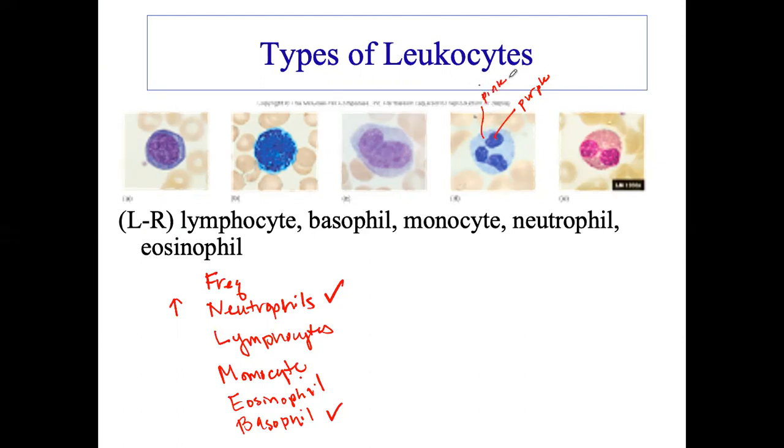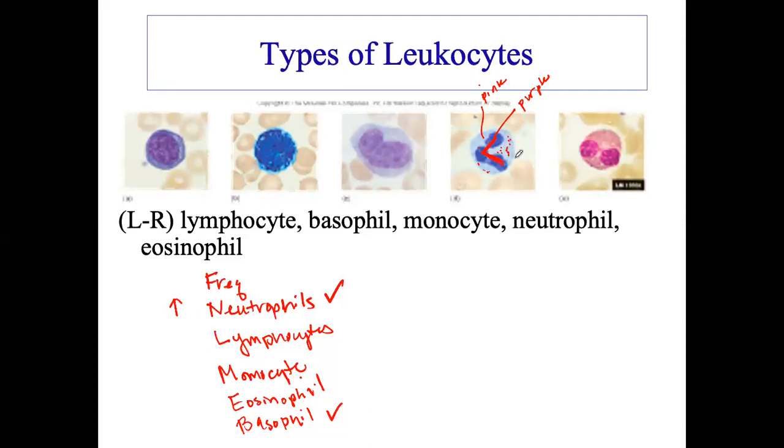Usually I don't condone memorizing colors, but with these guys, it's always going to be those colors because they go through a red stain and then a blue stain. And so each white blood cell picks up a different amount of stain. Okay, so this is called a granulocyte because there are granules in the cytoplasm. It is also called a polymorphonuclear leukocyte because it has many lobes to the nucleus.